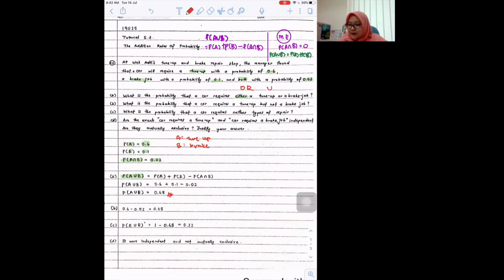Okay. So for B, what is the probability that the car requires a tune-up but not a brake job? So require a tune-up but not a brake job, meaning that, how to write it?